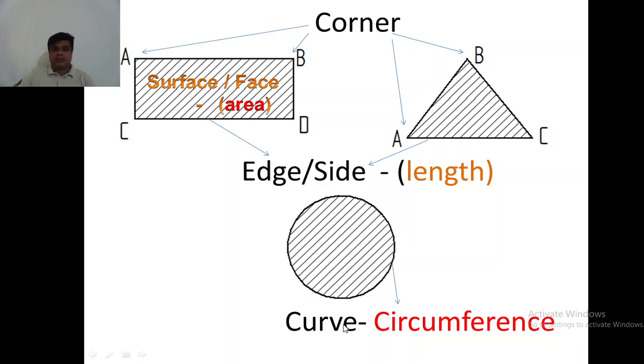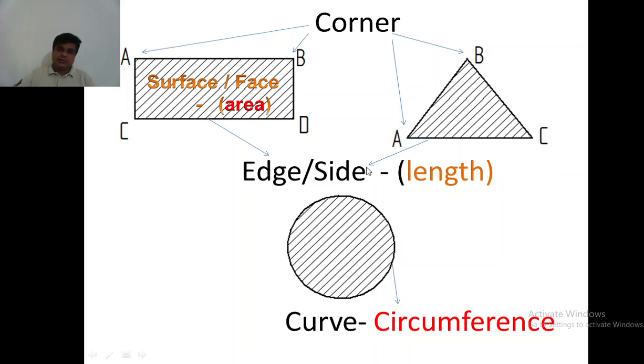It is a curve here, and a corner is nothing but the point where two edges or sides of a plane meet. So this line of a rectangle is called an edge or side. Here you can see this is AC. This line is called an edge or side. Similarly, AB is called an edge or side.